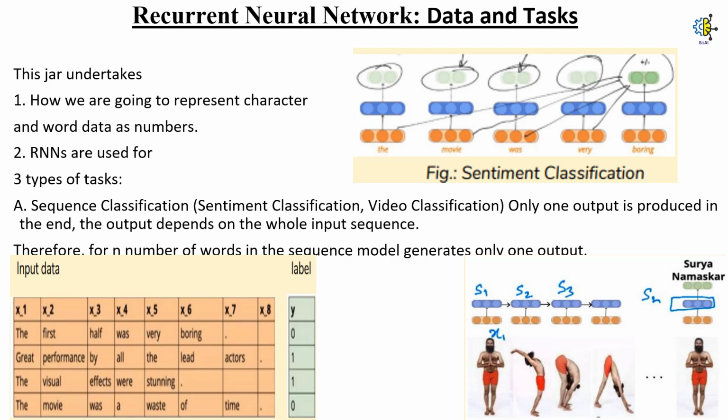You can see S1, S2, S3 up to Sn, it finally generates a single output. And X1, X2, X3, X4 up to X8 are the input data, and the label we get is Y, which is a single output.